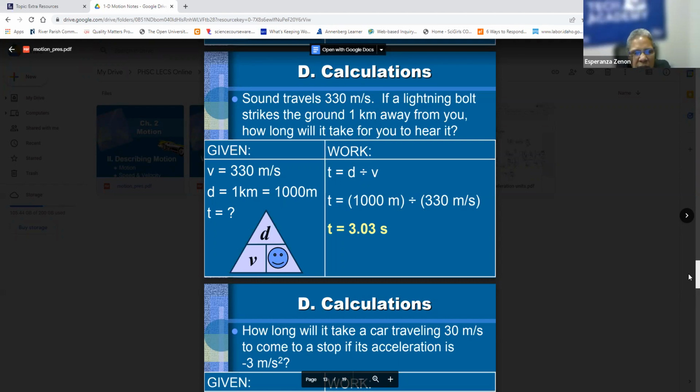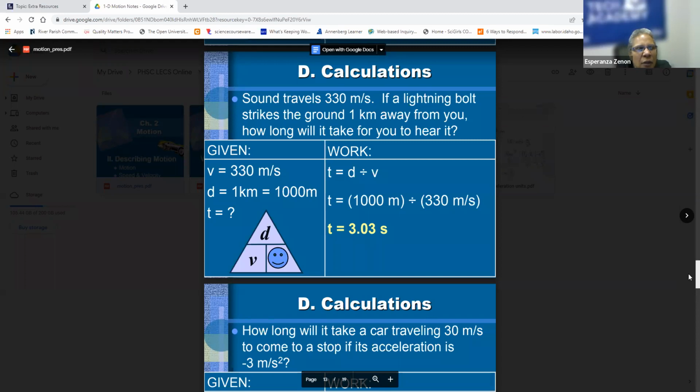Somebody kindly unmute and tell me, why do we need to convert the 1 kilometer to 1,000 meters? Why can't I just use one kilometer? Okay.